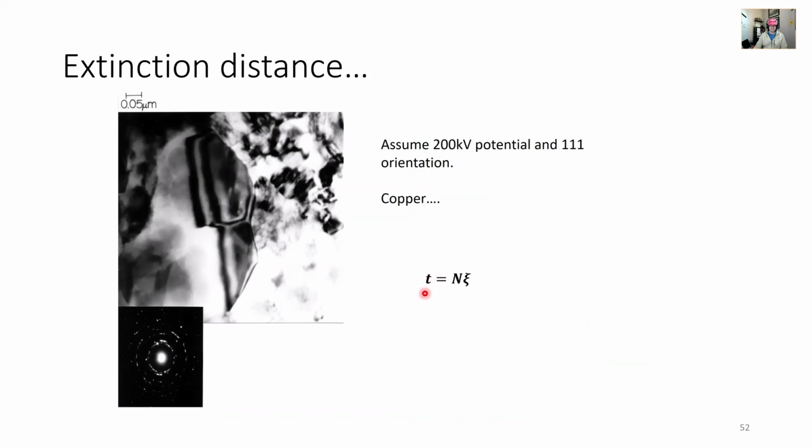It's thickness t, n is the number of fringes, and this Greek letter, I think it's eta, is basically the extinction distance for a given condition, and it's on a table. And I'll post that table on Blackboard. We'll see it worked out very shortly, and then you'll have hopefully a better understanding of how we use extinction distance. And again, different for different materials, accelerating voltages, and orientations.